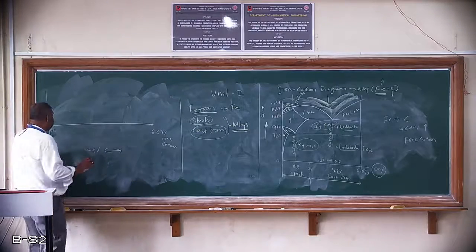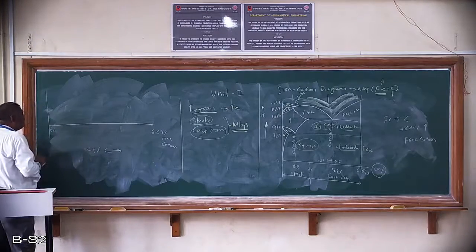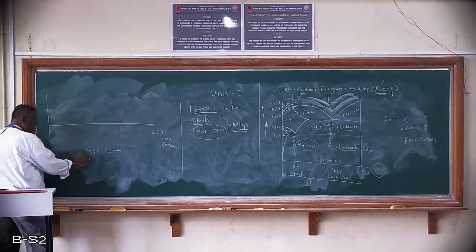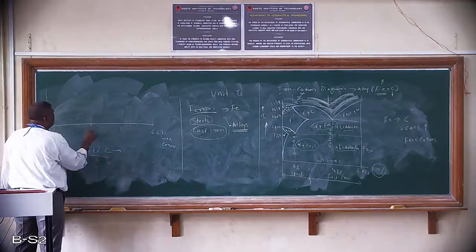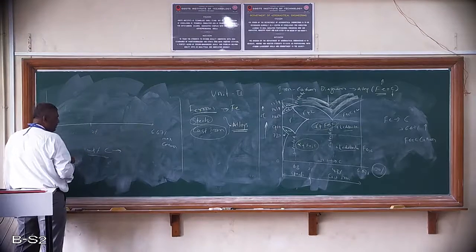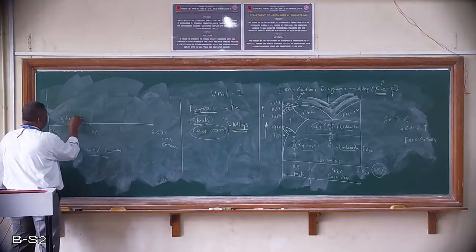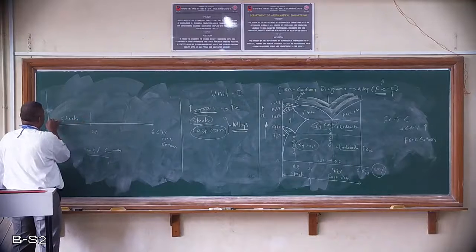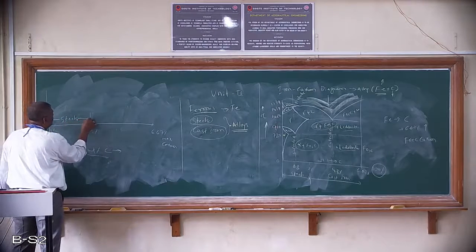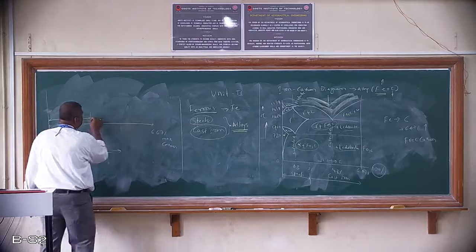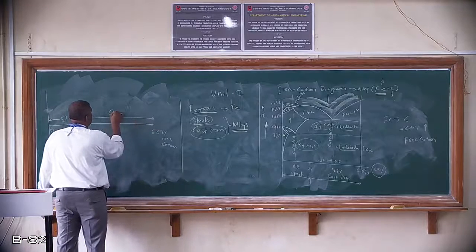elements. Now, this is the 0% of carbon. So this is 2% of the carbon as we have seen there, and this region is called steels, and beyond this up to here is called cast iron.